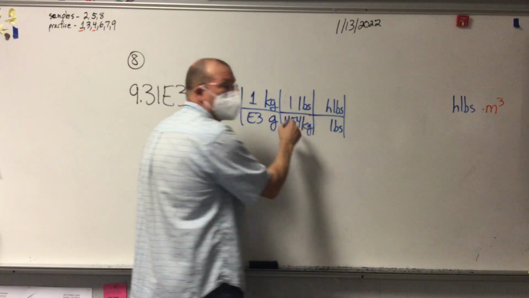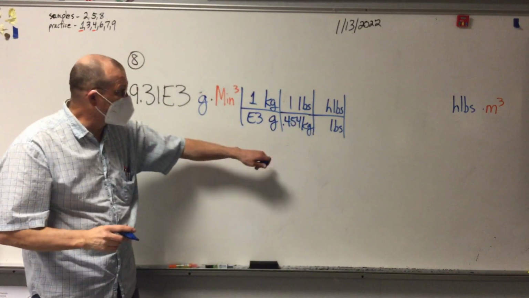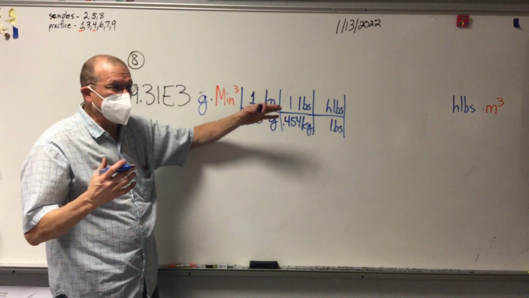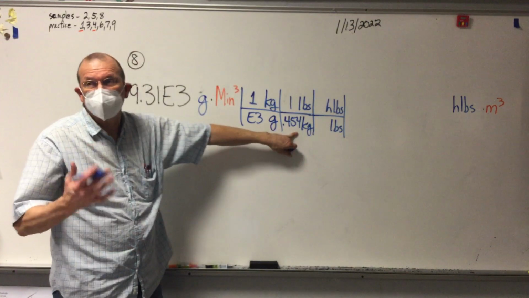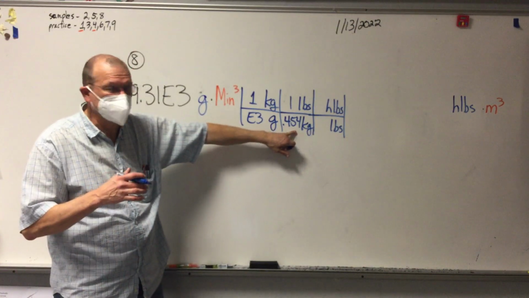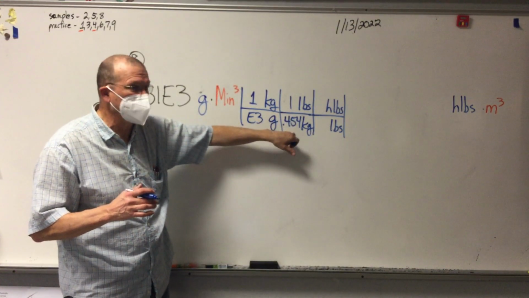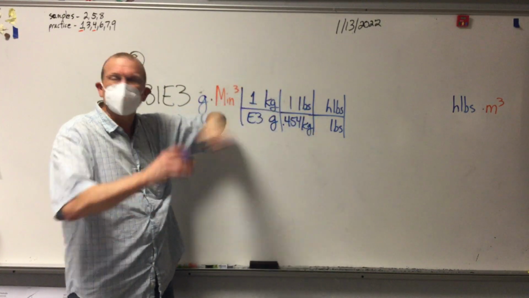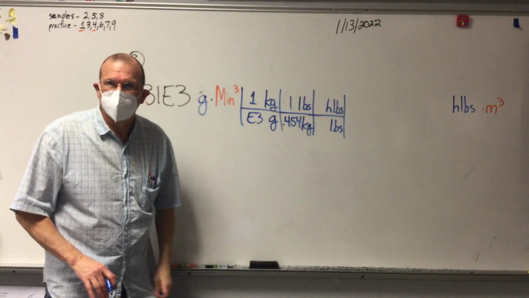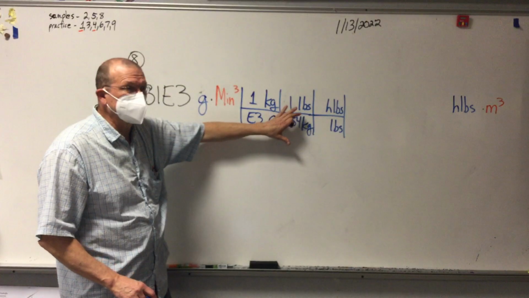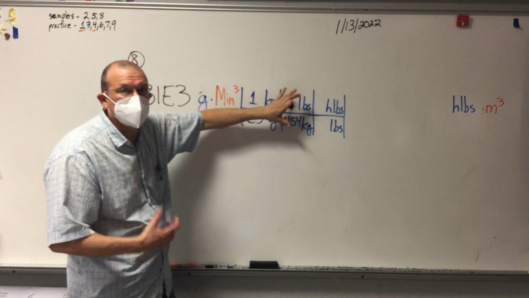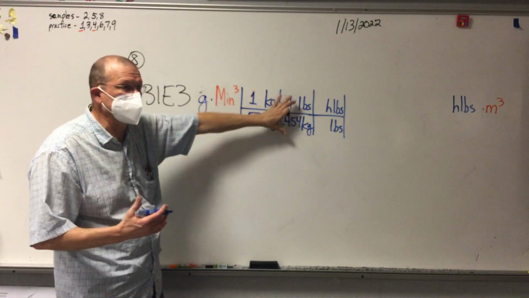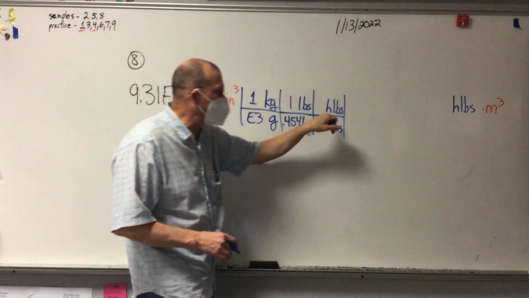I'm going to say not too many people use that one, but that is one of the acceptable conversion factors. 1 pound is 0.454 kilograms. Some people at this point, if you did this, you might not put this one, you might put 1 with the kilogram and 2.21 up here. Any of those are acceptable, okay? So you might have done something different than this, but that's just because you're comfortable with another unit, but this is perfectly acceptable. All right, and then on the last one?